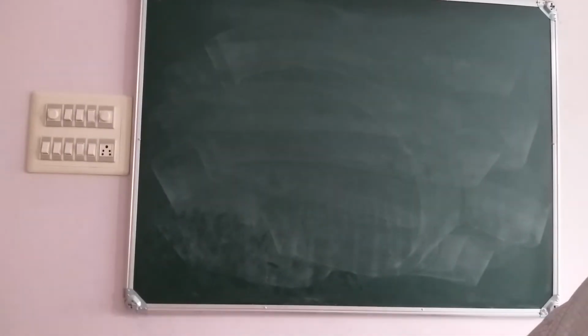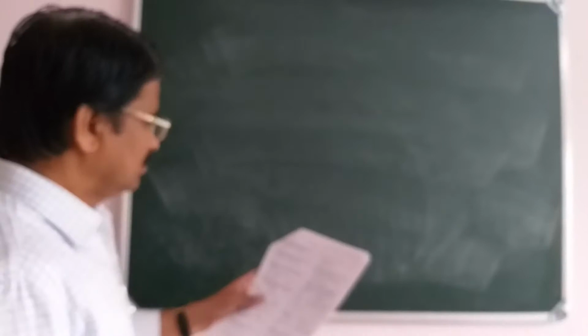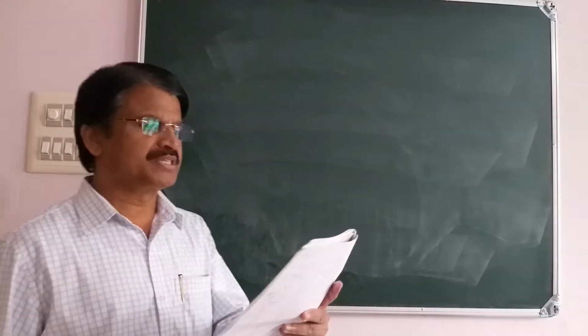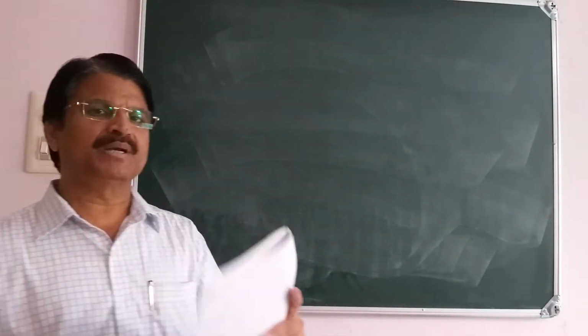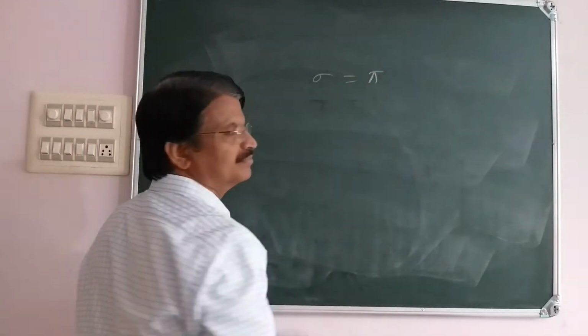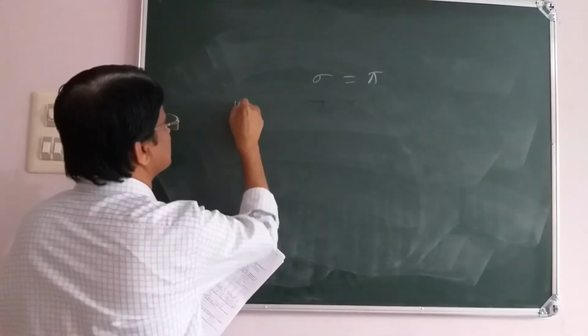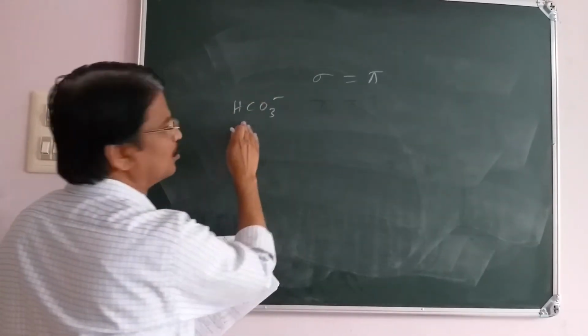Question number 61. Which of the following species contain equal number of sigma and pi bonds? Option number 1, HCO3 minus. You know how to draw the structure?